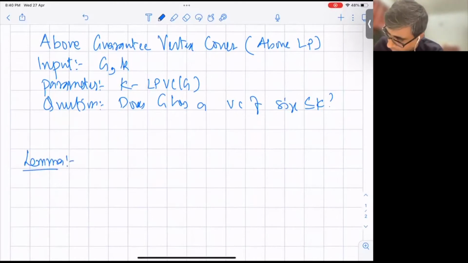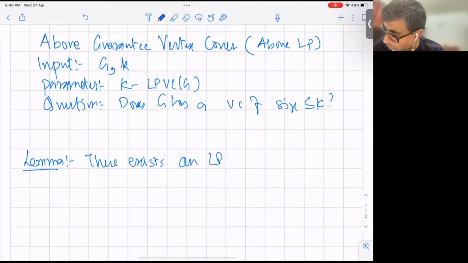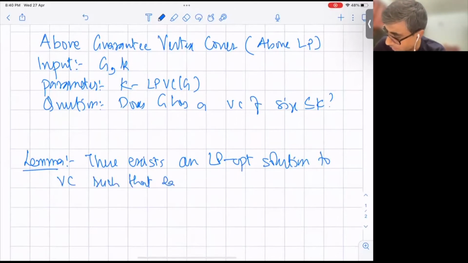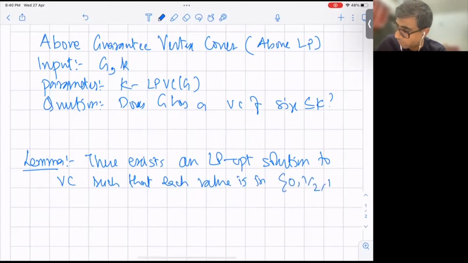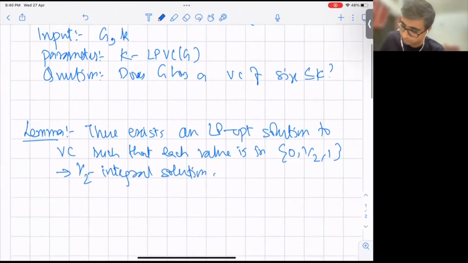That there exists an LP optimal solution to VC such that each value is in 0, half, 1. That is what we call a half-integral solution.